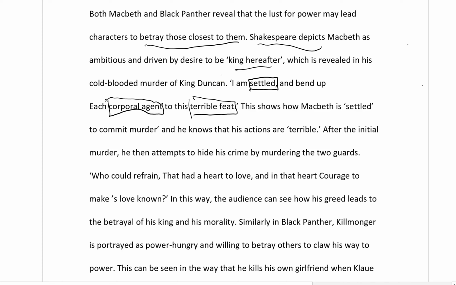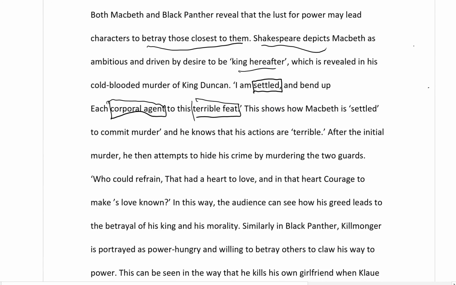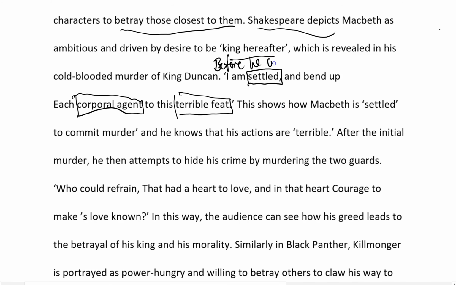So we could say something like, before he commits the murder, Macbeth says he is settled.